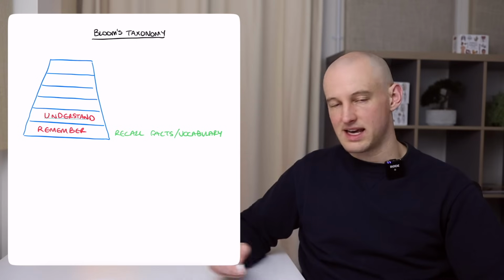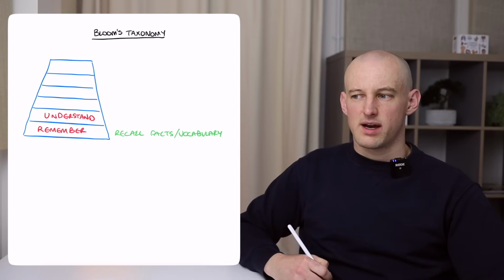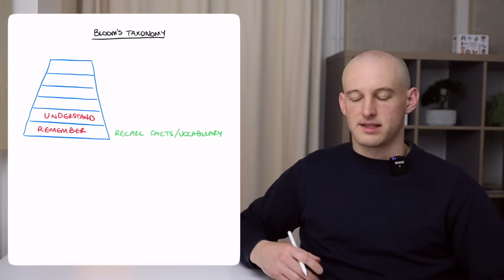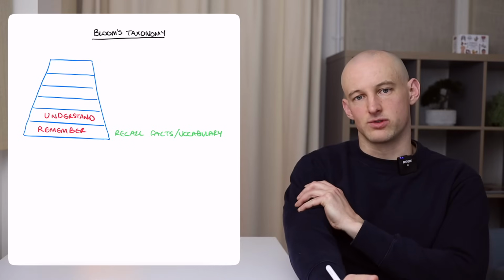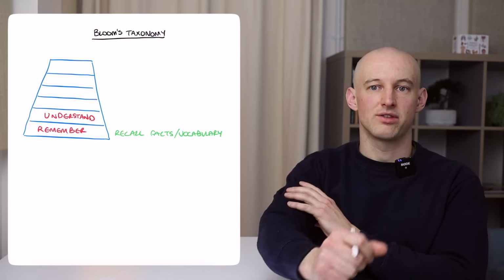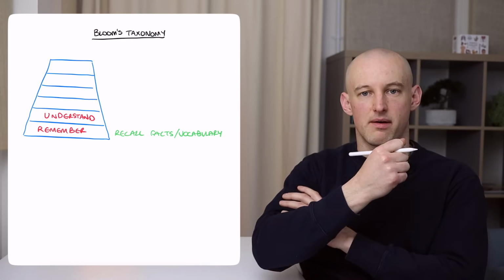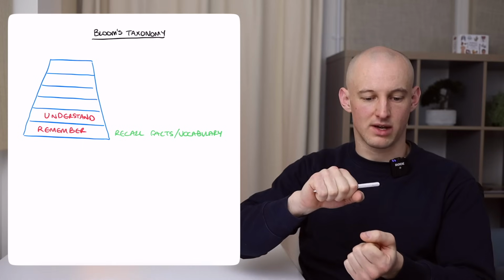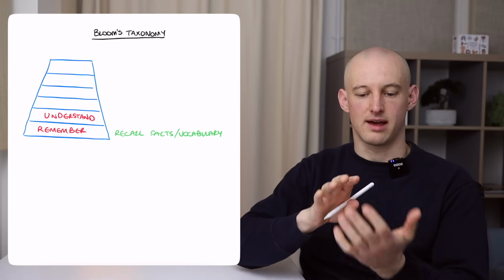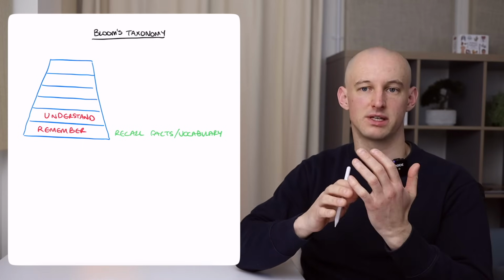When you understand something, you construct meaning out of these facts. So instead of just knowing this is the muscle, you understand how this muscle acts on the bone. Muscles pull against the bone and they shorten and contract, and that's how it moves a joint.